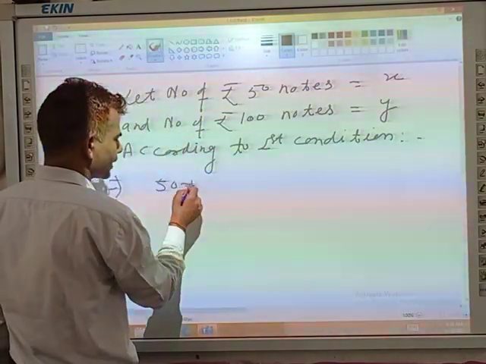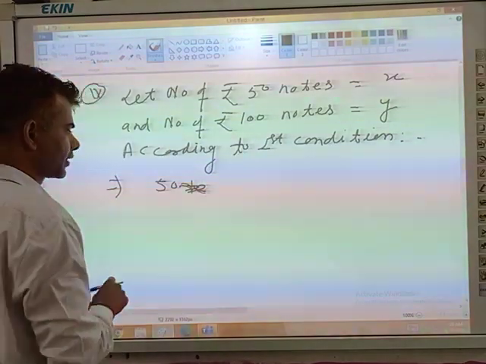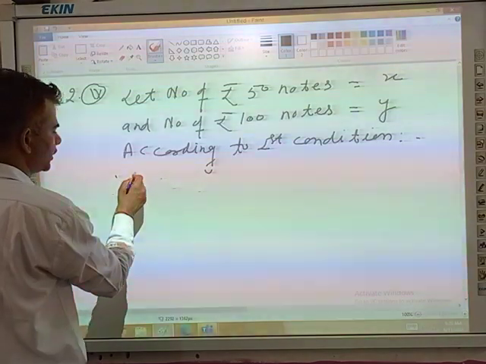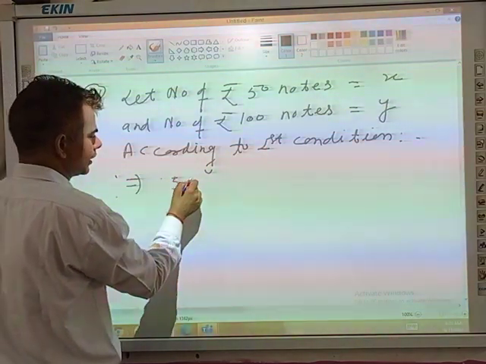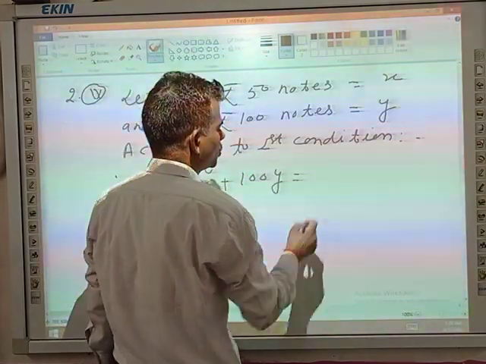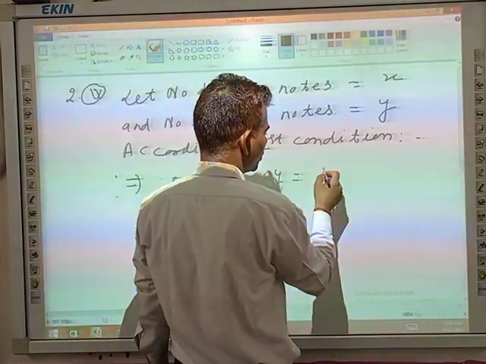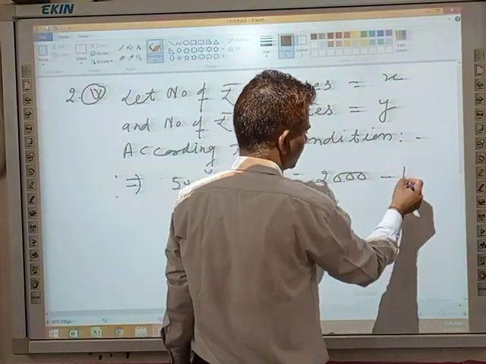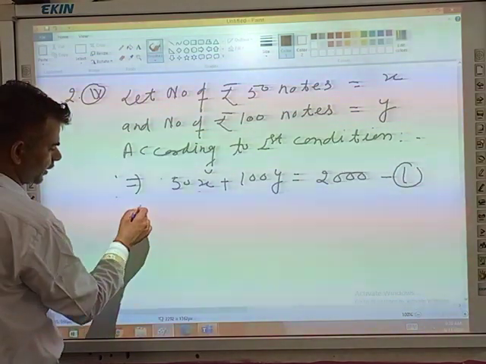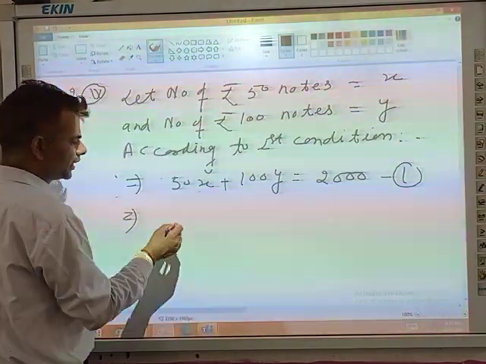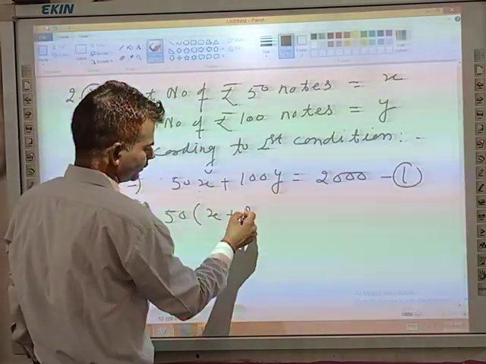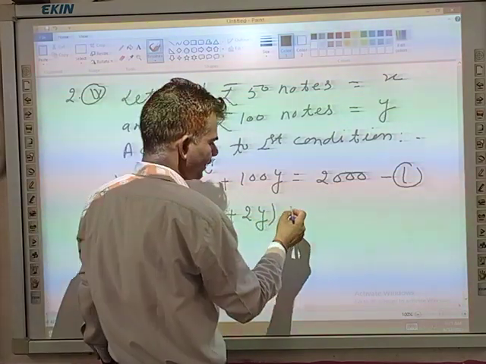Student, according to first condition, that is 50x plus 100y is equal to total amount 2000. That is your first condition. Now student, what is common in these first two terms? 50 common. 50 times x plus 2y is 2000.